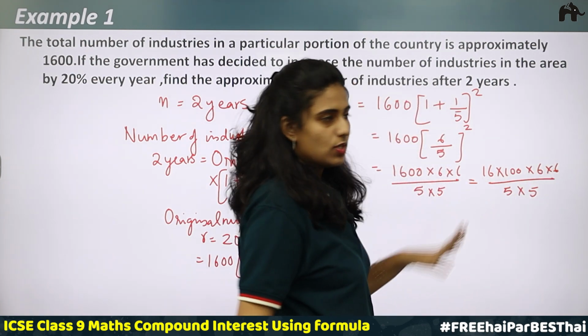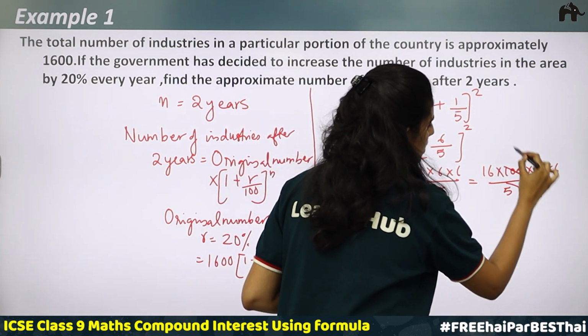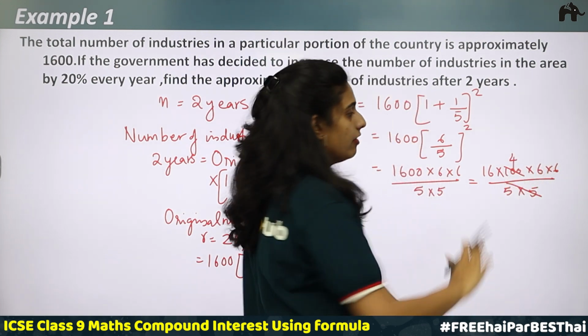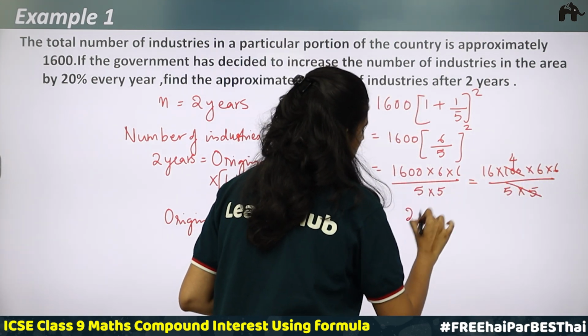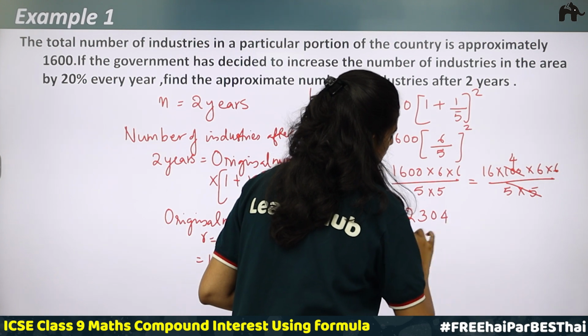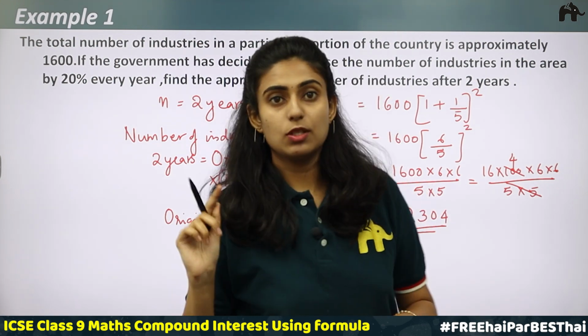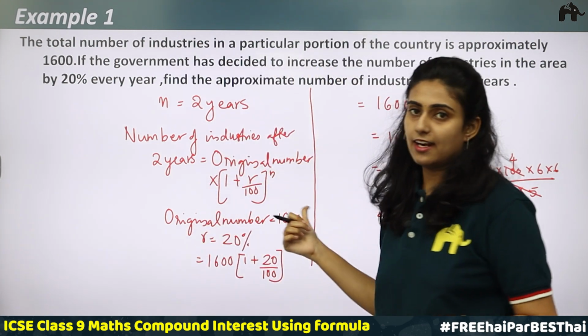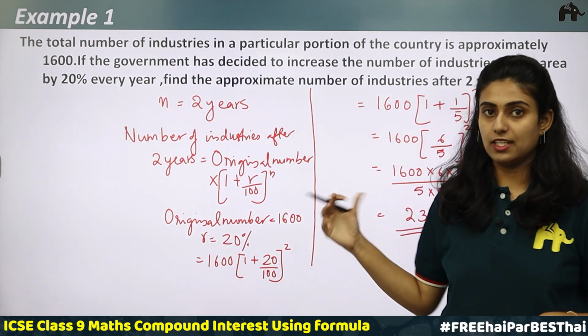Okay, 5 5s are 25, 25 into 4 is 100. So, here you will be getting 4. When you multiply this, you will be getting 2304. So, after 2 years, the number of industries will be equal to 2304. So, this is how we will be finding the growth.